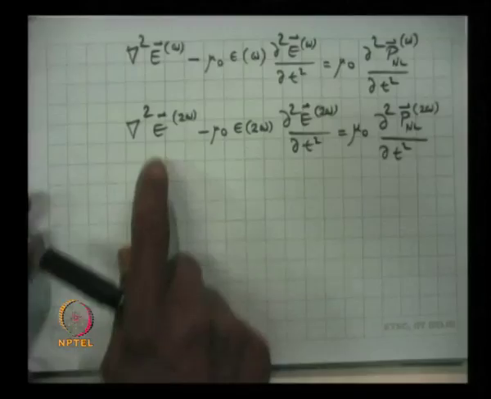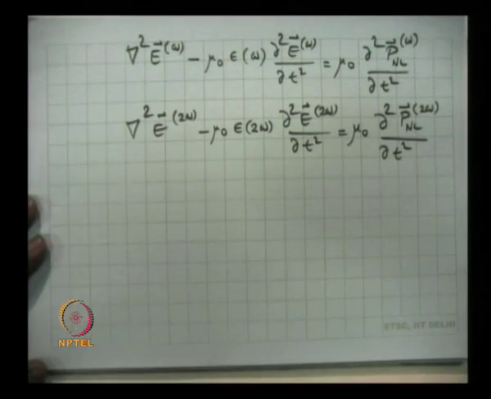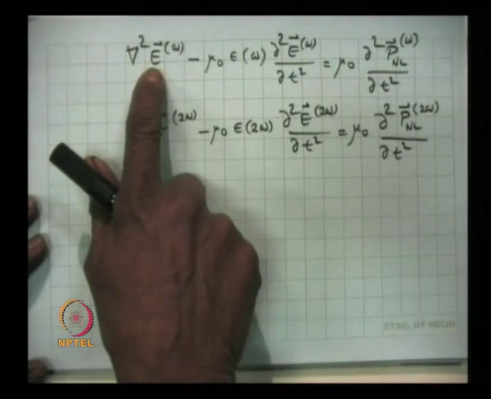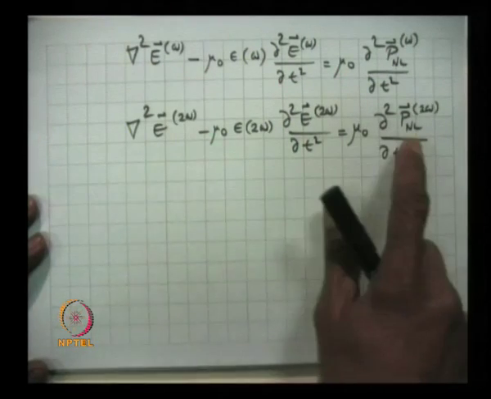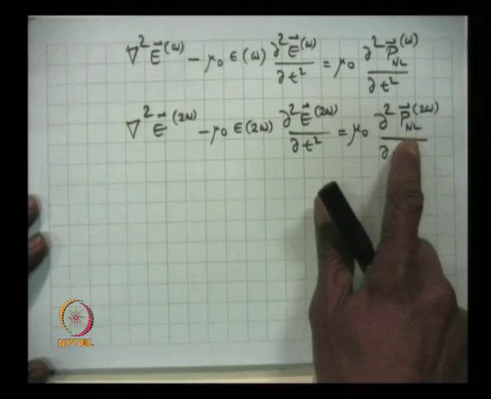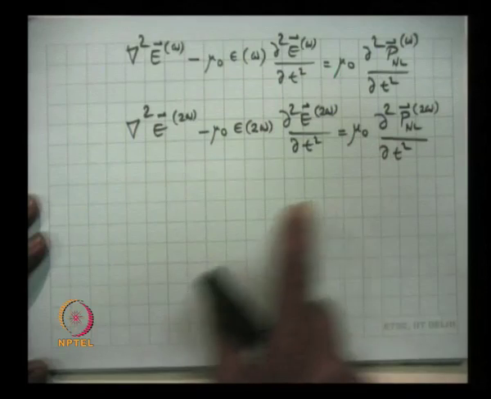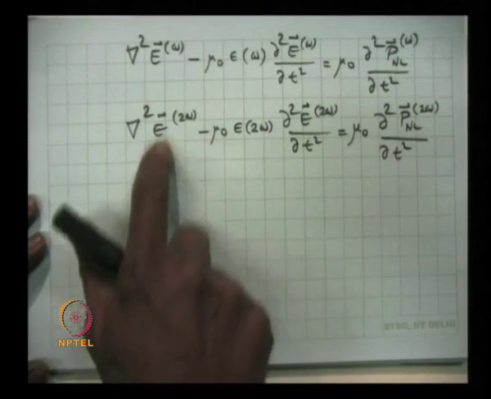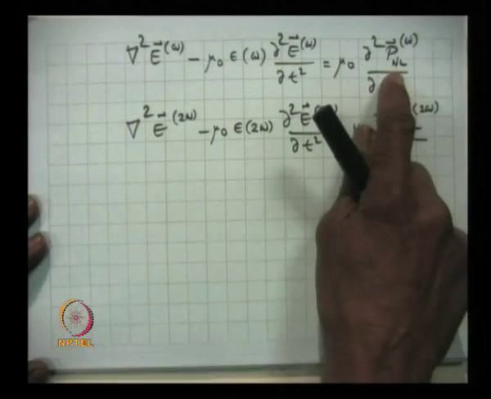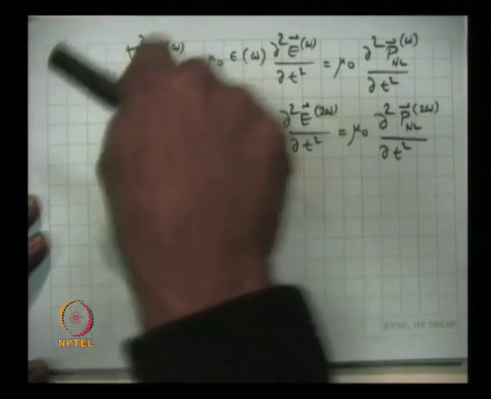So, what we need to do is to generate the condition I have: I launch electromagnetic field at frequency omega. This electromagnetic field will generate P nonlinear at 2 omega. This P nonlinear at 2 omega will generate E at 2 omega. E at 2 omega and E at omega mix to generate P nonlinear at omega, which will then influence omega frequency.